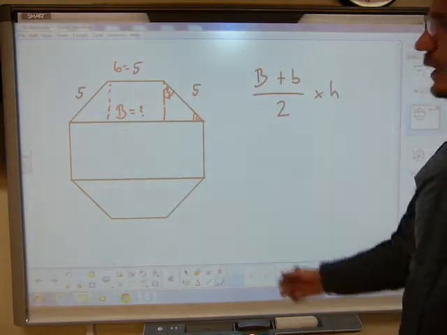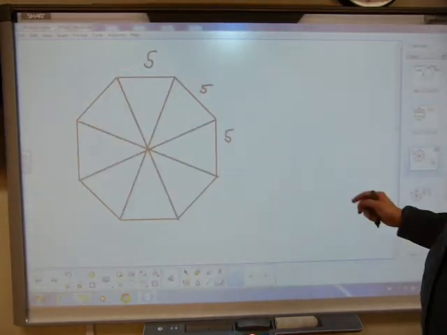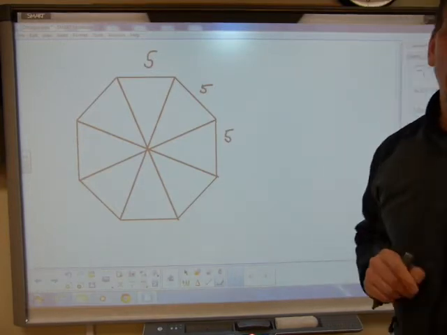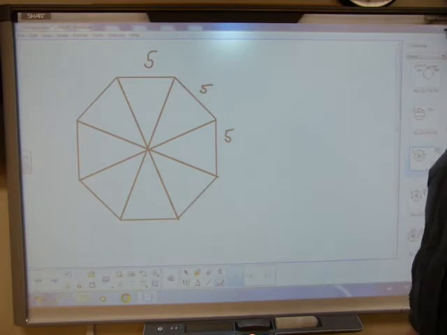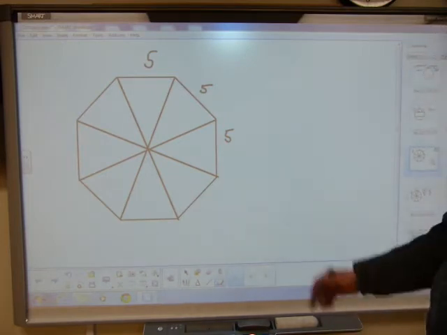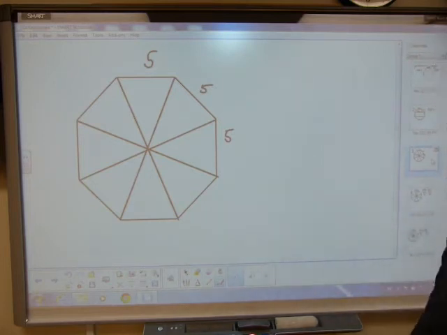So instead of calculating all these different shapes, how about just calculating one shape, a triangle, and multiplying it by 8, because we have 8 of them in an octagon. The previous approach with trapezoids also works, but I think this is a little more straightforward. Both are equally valid.